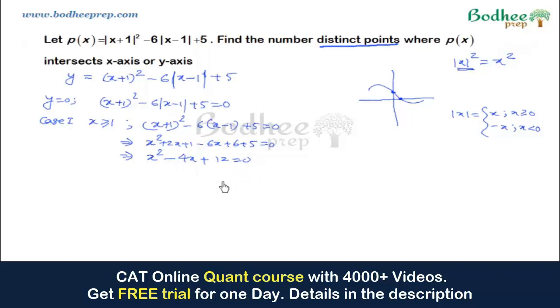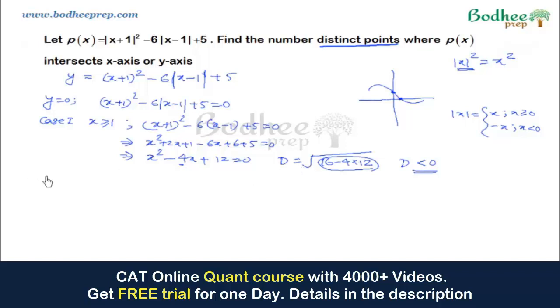Now this is a quadratic equation, so if I want to find the value of x, first of all let us check whether the discriminant is greater than 0 or not. So the discriminant here will be 16 minus 4 times 12. So we see that this value will be negative, that means D will be less than 0, hence we will not be getting any real value of x.